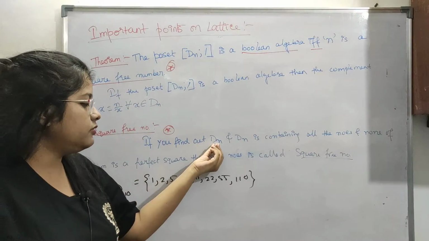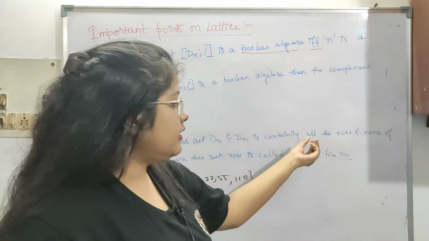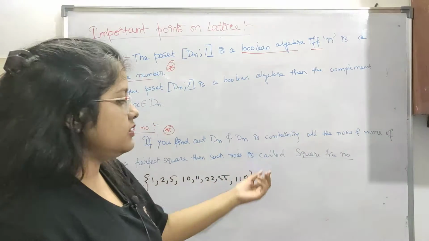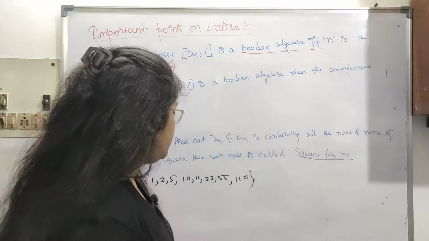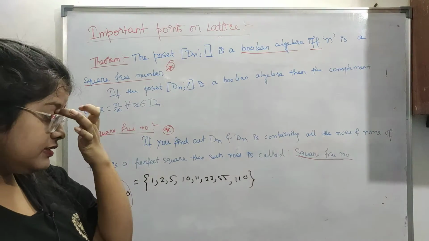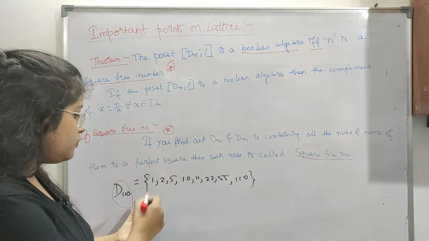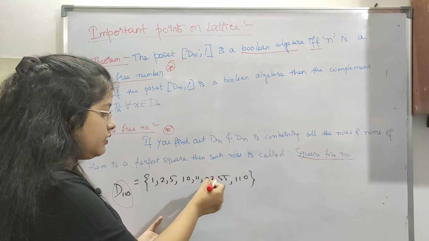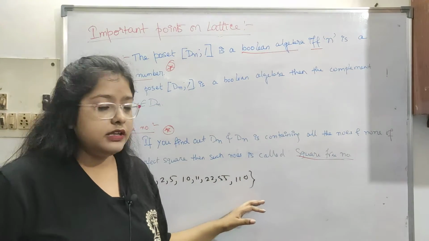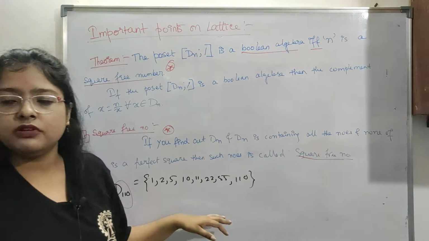If you find dn, and dn contains all the numbers and none of them is a perfect square, then such a number is called a square free number. Let's say d 110. These are all the divisors of this number: 1, 2, 5, 10, 11, 22, 55, 110. You can easily find that no number in this is a perfect square. Let me check if this is visible or not.